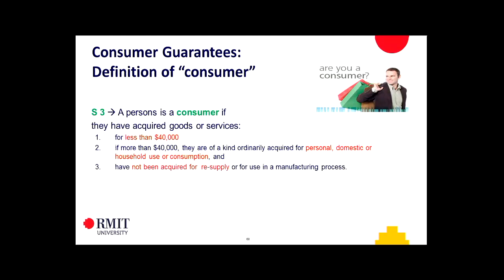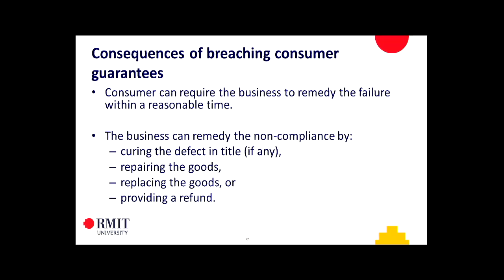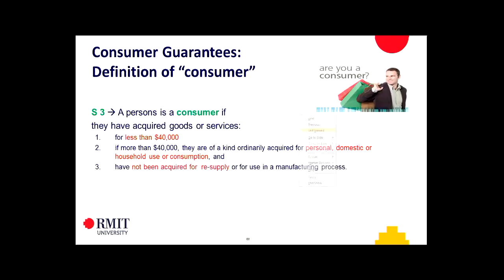Maybe he ordered flour and he got self-raising flour and his pancakes are... But if it's carpet, and this is what we'll see in the example. I thought we'd see an example. If it's carpet, and we've got a case in Queensland between Carpet Call and Chan. Now Chan owned a nightclub in Queensland, and he's decided that he wants to recarpet the nightclub.